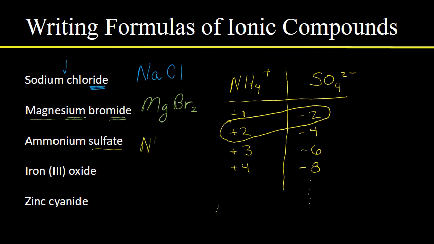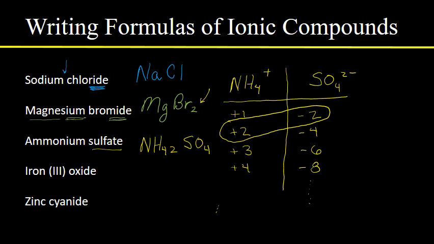Now when we go to write the formula, we can't do exactly the same thing that we did for magnesium bromide. For magnesium bromide, to indicate that there were 2 bromides, we just put a 2 down there as a subscript. We can't do that here with ammonium because if we do that, it looks like NH42.